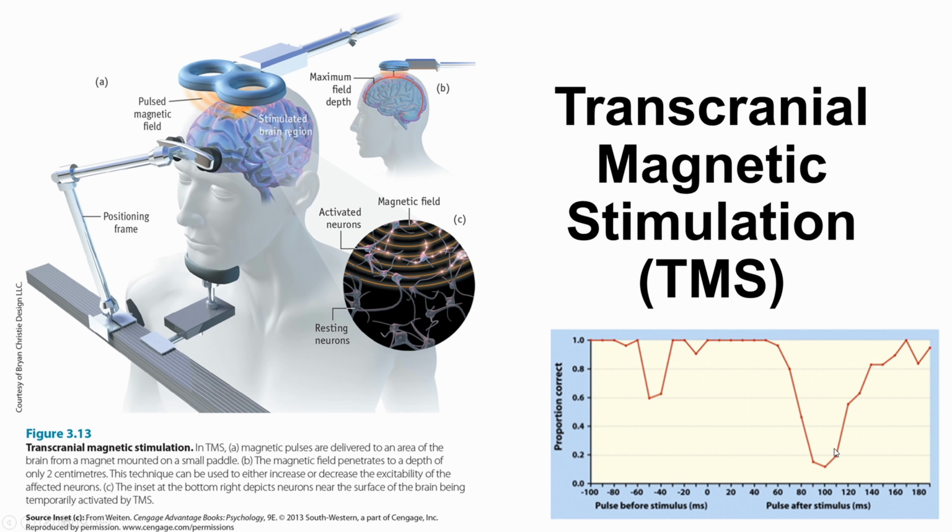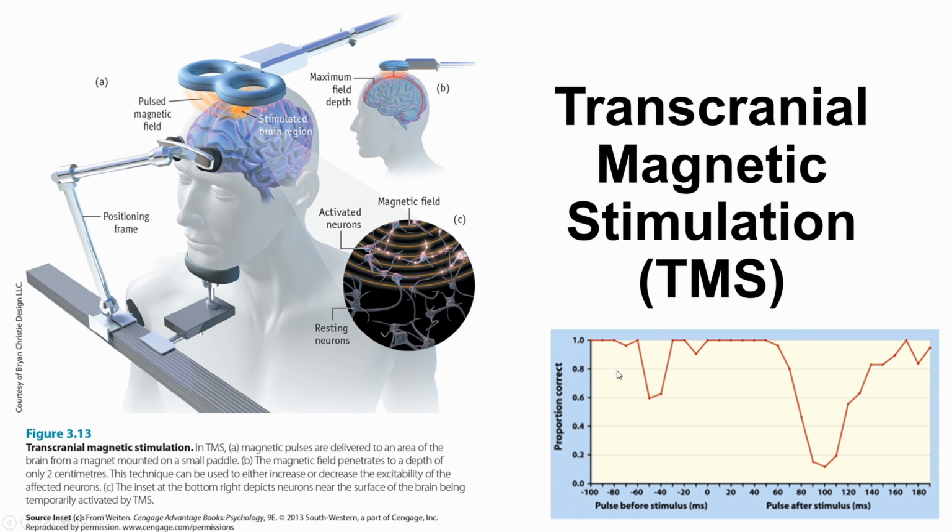So this is an example of the kind of data that you might look at. A proportion correct. When left to their own devices, people can answer questions pretty well, but if you deactivate or interrupt the part of their brain that's involved in processing that information, you can see a drop off of their performance.